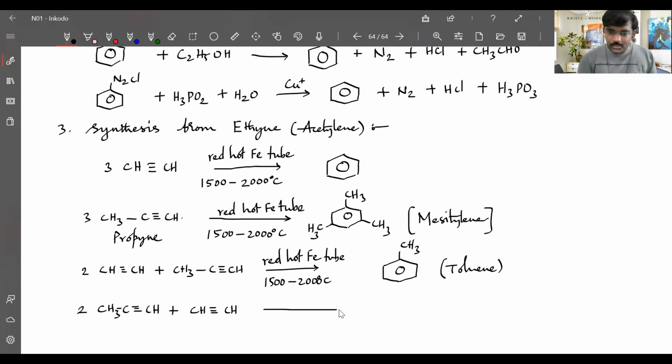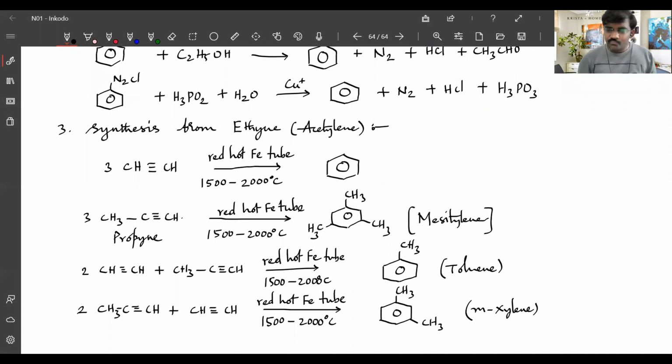So again I'll go with the same method. I'll pass it through a red hot iron tube at around 1500 to 2000 degrees Celsius temperature. When it is passed through, I can get metaxylene, with one methyl group here and another methyl group here.